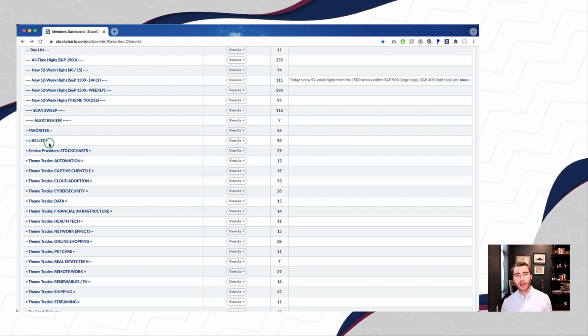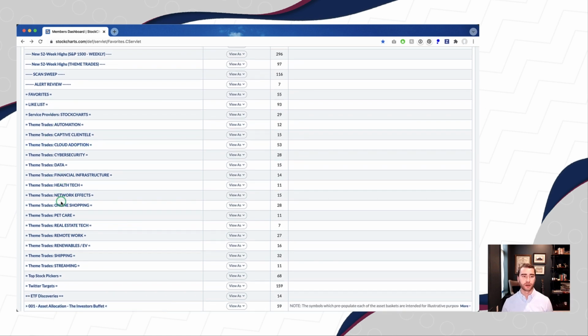Now, I also have what I call theme trades lists in here. There are all these different themes that people are constantly talking about, things that pop up. For instance, online shopping, becoming a big thing. People always talking about online shopping. People talking about the cloud or automation or cybersecurity. So I actually have these theme trades lists, which are full of companies that fit into that theme.